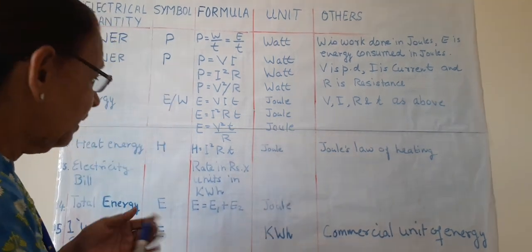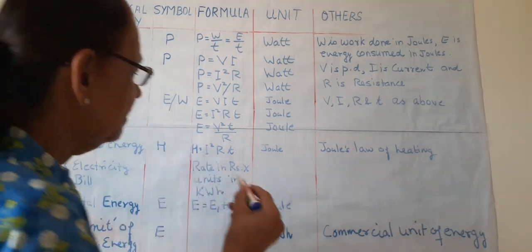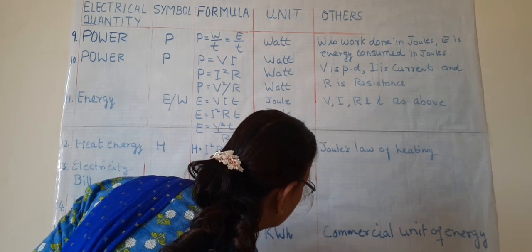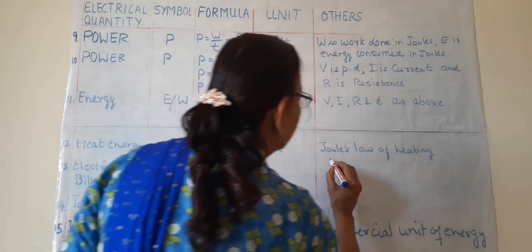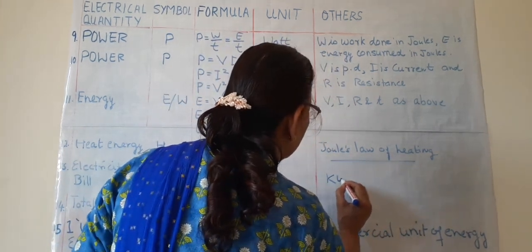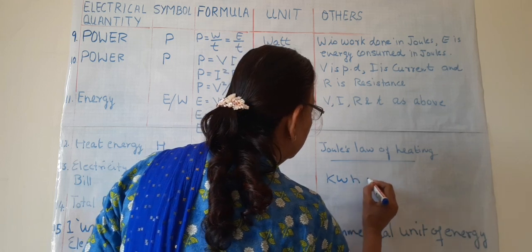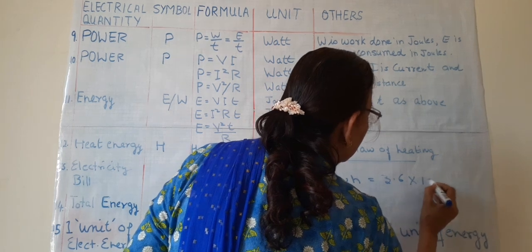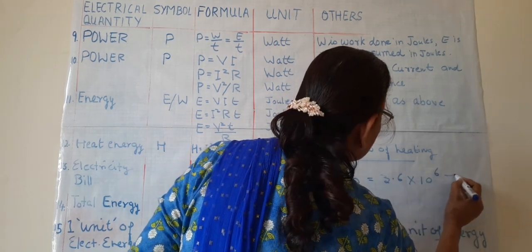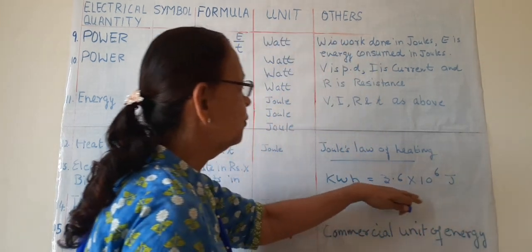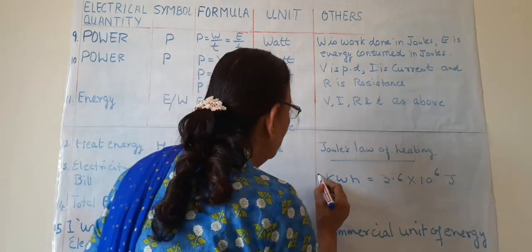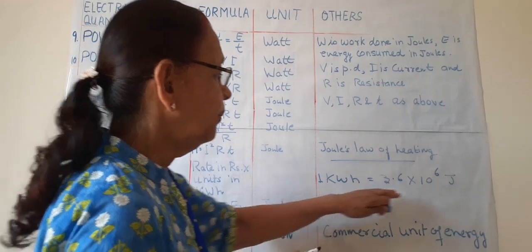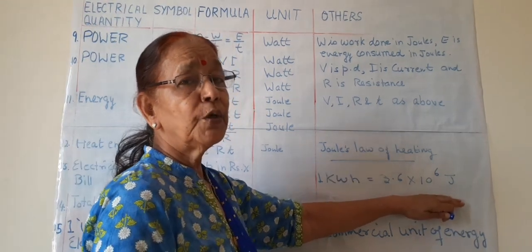And this 1 kWh is equal to, you cannot see it here, so I am writing it here, 3.6 into 10 raised to power 6 joule. So much joules will be equal to 1 kWh or 1 unit.